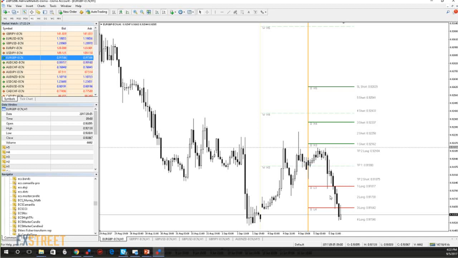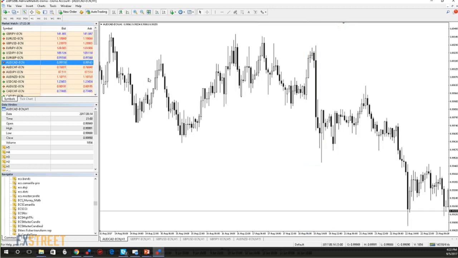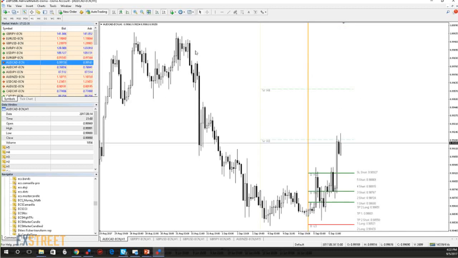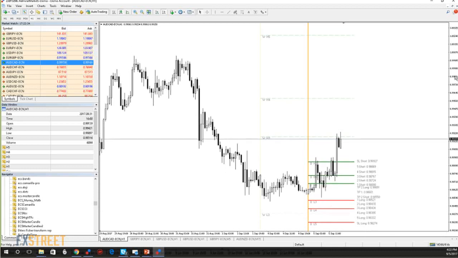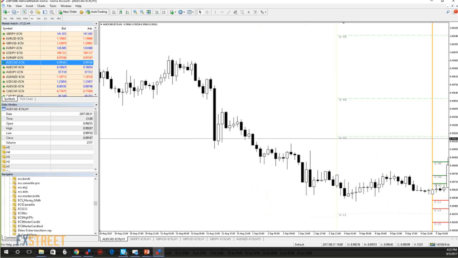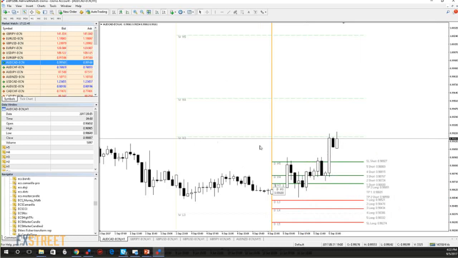If long trade was hit first instead of this short trade, then you would have traded a long trading opportunity. And I say always try to aim for ranging markets. Usually CAD pairs are ranging, but today we see that actually there is no big range. But let's use this possible trading opportunity.